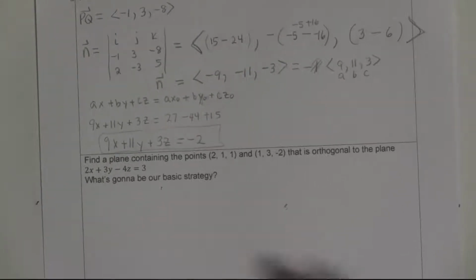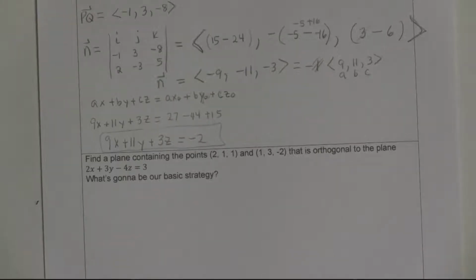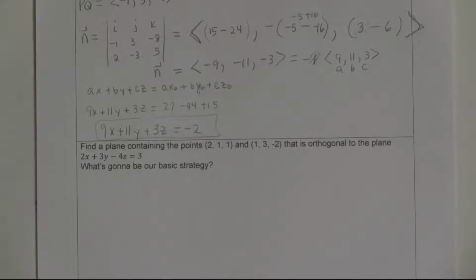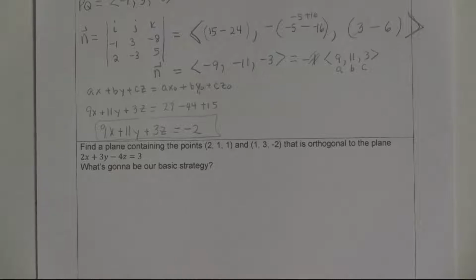So here's another one that we're going to try, and it's asking us to find the equation of a plane containing these 2 points that is orthogonal to the plane they've given us. So they're saying that it's orthogonal to this plane.